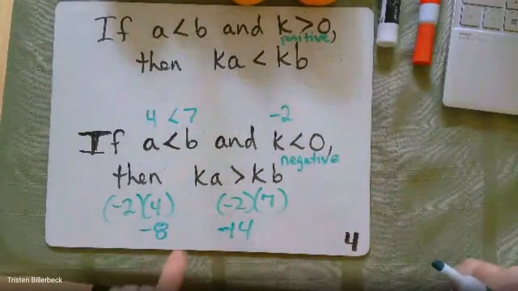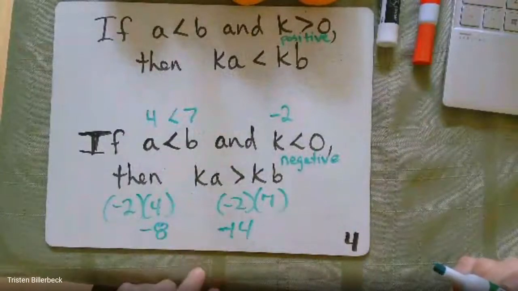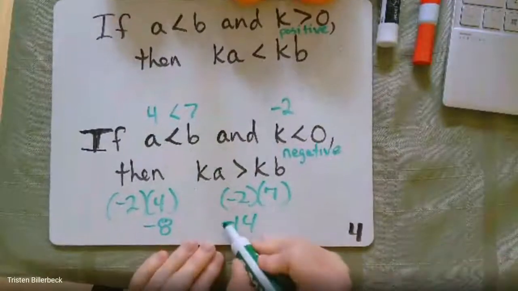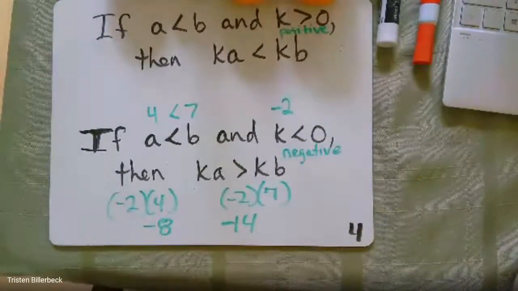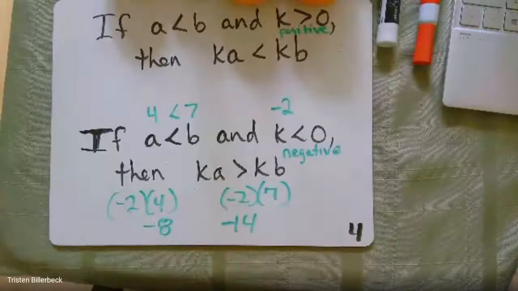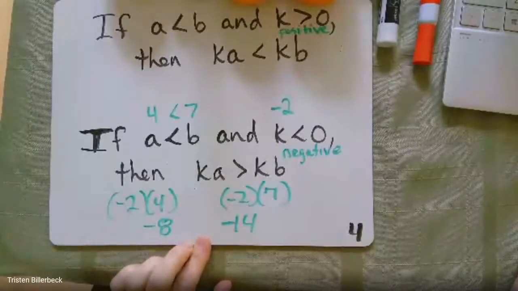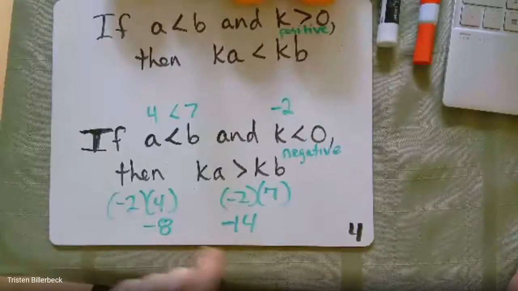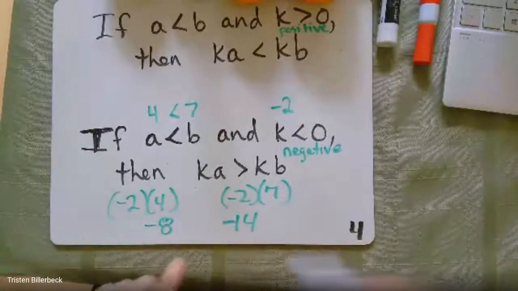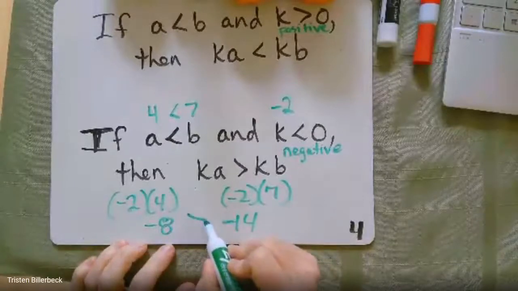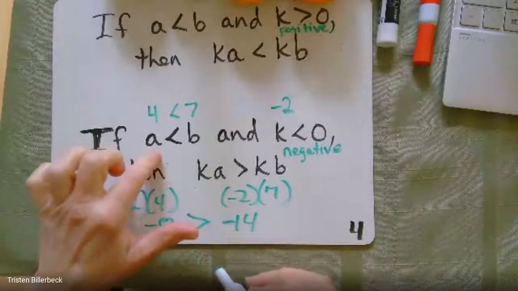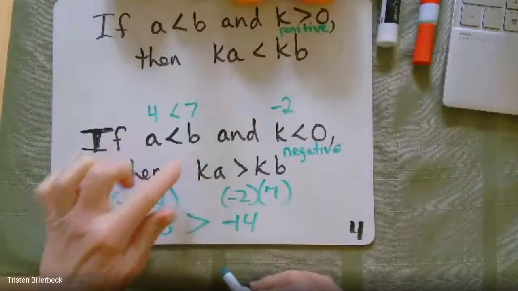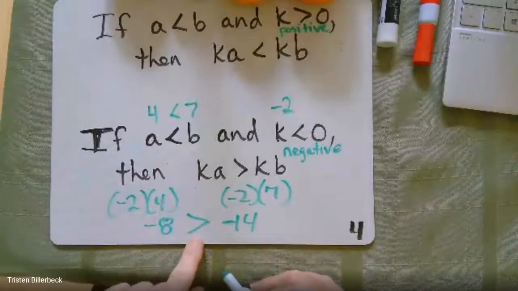Now we know whatever's closest to 0 is bigger. The less we're in debt, the more money we theoretically have. We still don't have it because we're in debt, but when we're closer to 0, it's a bigger number. So which one of these is closer to 0? This one, so this one is greater. Well, wait a second. We started out with A is less than B, and now it's a greater than sign.